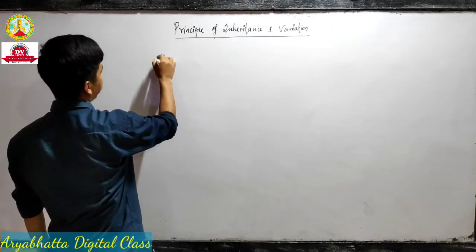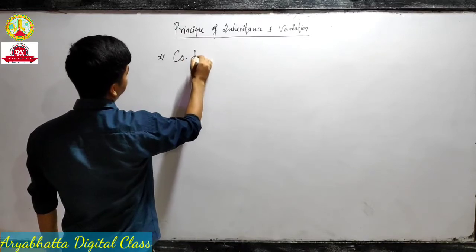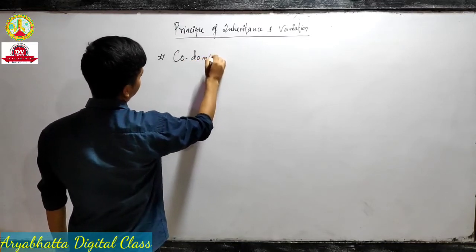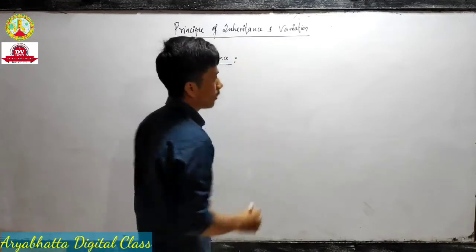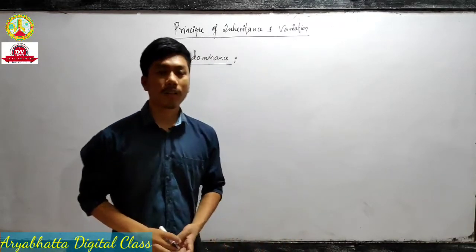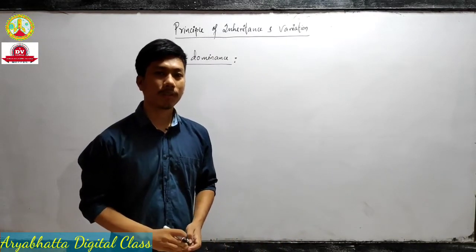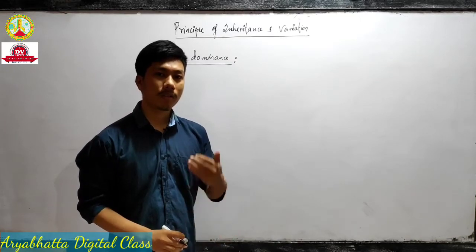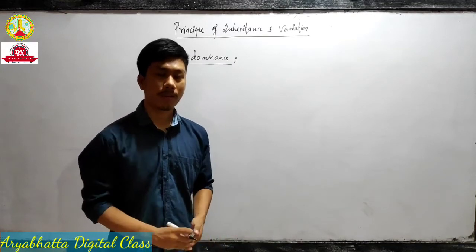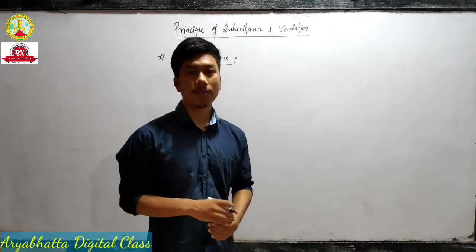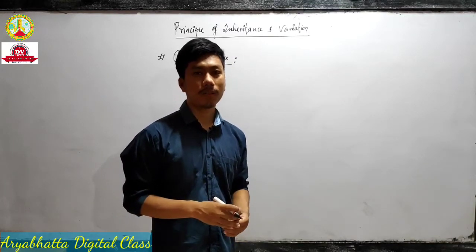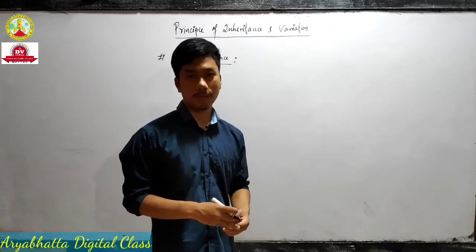Codominance. Remember, when we discuss codominance or incomplete dominance, we are always discussing with respect to an example. Examples are important. Okay. In which organism codominance or incomplete dominance is seen, you need to remember.